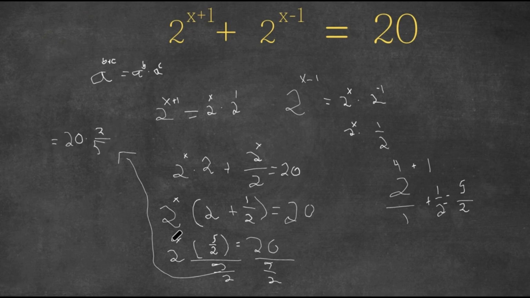And 5 over 2 divided by 5 over 2, these two cancel out. So on this side, we just have 2 to the power of x. Now 20 times 2 over 5, 20 times 2 is 40. 40 divided by 5 is 8. So we have 2 to the power of x equals 8.